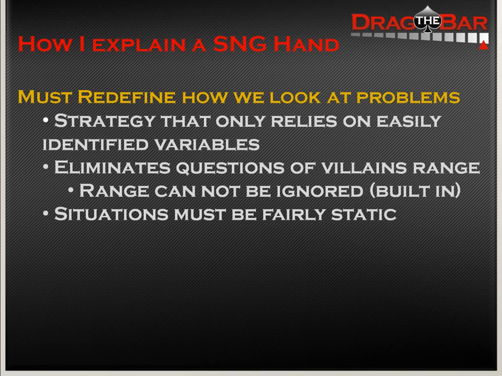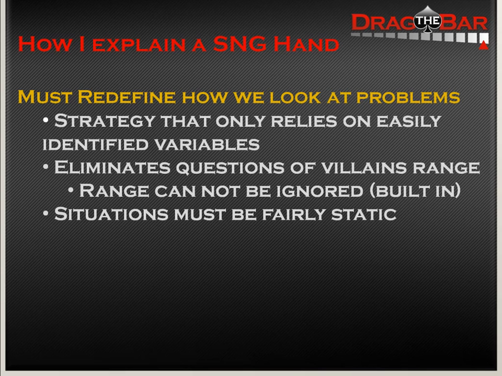All right. So what we do with pivot points is we redefine how we look at problems. Okay? We basically need a strategy that relies only on easily identified variables. We want a strategy that says we can look at everything that is on the table currently, and from just looking at what's on the table, without having to deduce a villain's range, what the correct play is.